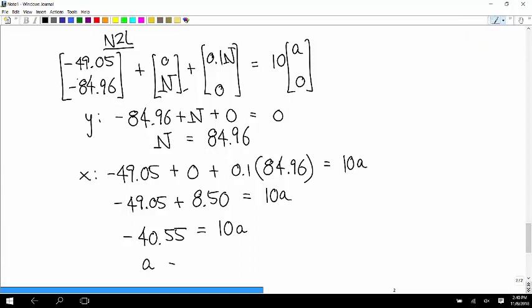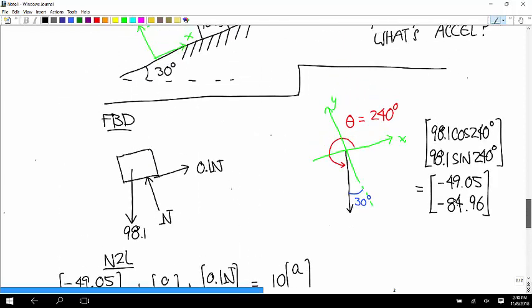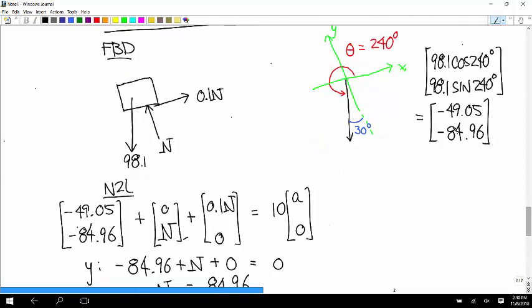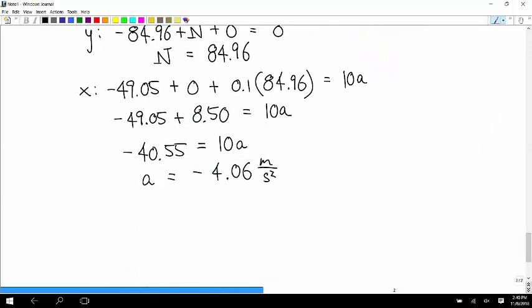And so a is equal to negative 4.06. And now plug that back into the acceleration vector, and you get that the acceleration vector is equal to negative 4.06, 0.